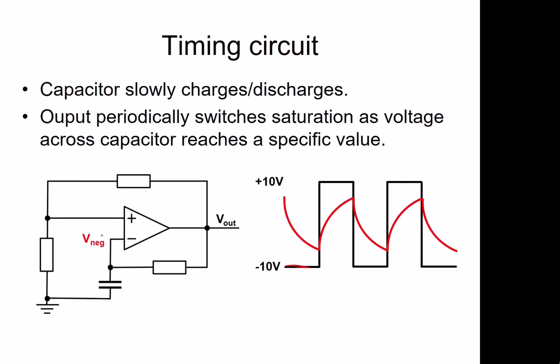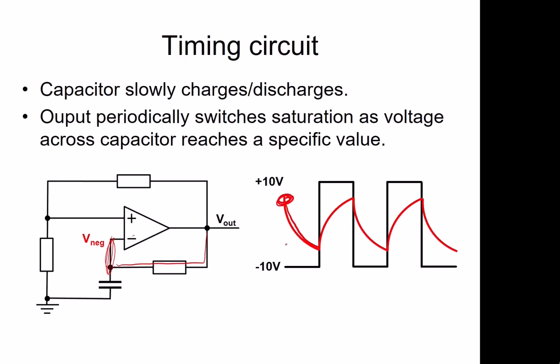If we look at the voltage at the inverting terminal of the op-amp, and we'll say it's currently at this value, because this is at minus 10, we're going to get current flowing, which is going to slowly charge this capacitor up to minus 10 volts. So we'll find this voltage at this point is slowly getting charged to minus 10 volts. So we're going to trace this line down.